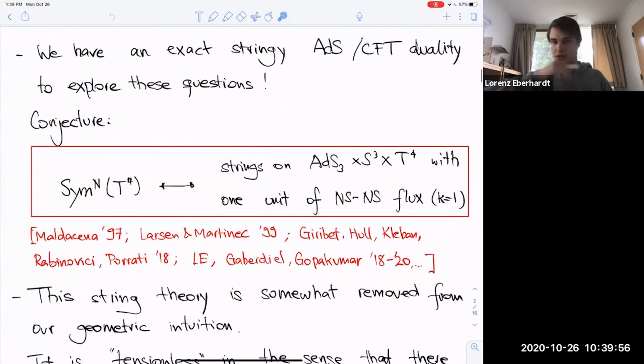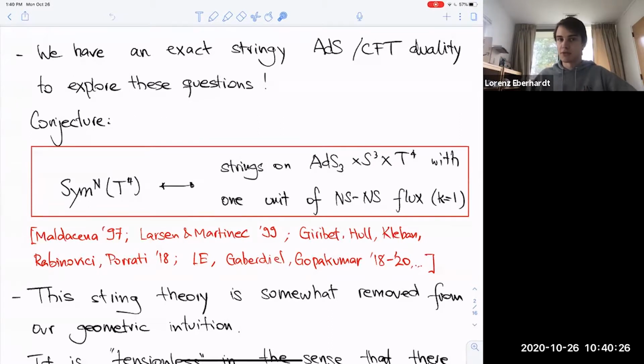And I want to do it not by doing AdS5 times S5, because that's way too hard, but I want to use a different AdS/CFT dual pair where there's only a single boundary. So contrary to the case of JT gravity, I want an AdS/CFT pair with only a single boundary, and usually these pairs come from string theory. The concrete one I want to use is the one where on the boundary you put the symmetric product orbifold.